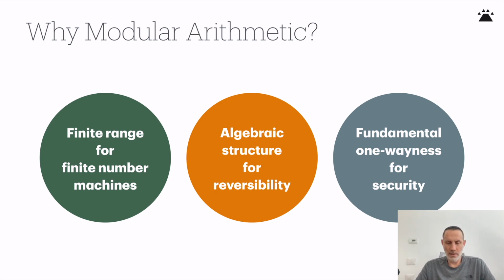It gives us algebraic structure, which we often need for reversibility. And fundamentally, the modular structure allows us to create one-way functions in a way that continuous type of arithmetic will sometimes be impossible to use.